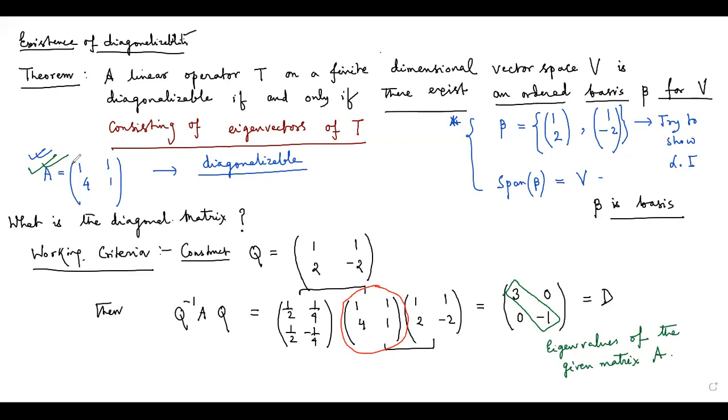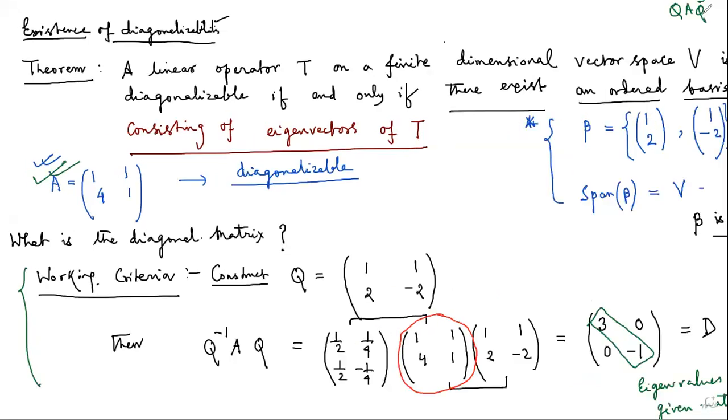Started with capital A, it is diagonalizable. This is your working criteria that I have used over here. The matrix is diagonalizable. The diagonal representation of the matrix has been found. Now you probably are thinking why Q inverse AQ and why not Q AQ inverse. So we'll talk about it later on.